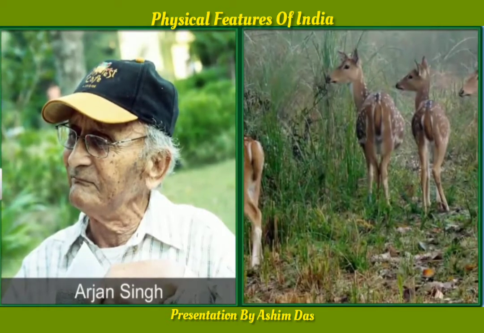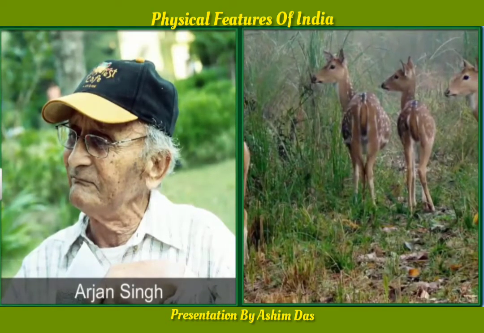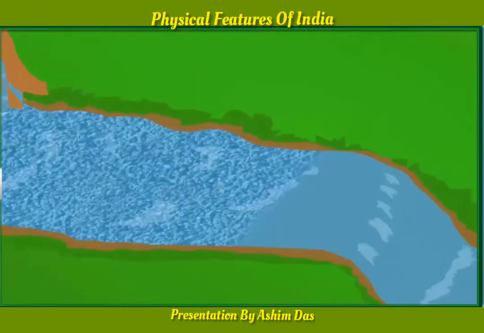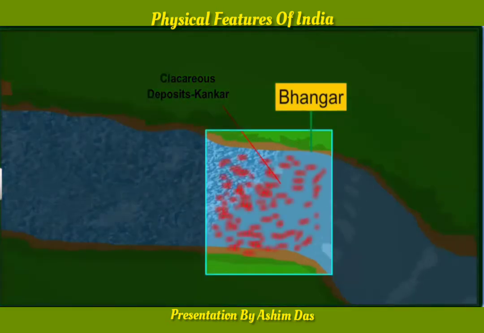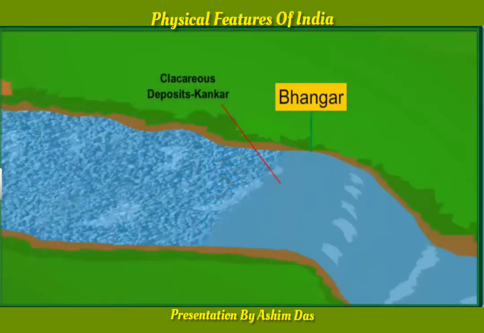The next region, called Bhangar, is the largest part of the northern plain. Bhangar is formed of older alluvium. This region lies above the floodplains of the rivers.